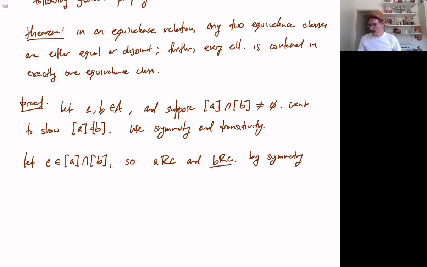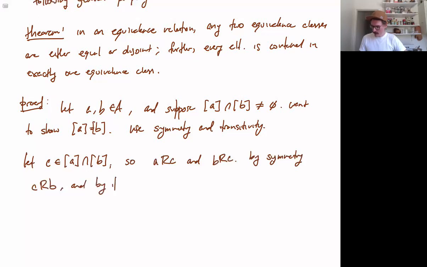By symmetry, we can flip this around, which is to say that C is related to B. Excuse all of my typos. So by symmetry, we can flip this thing around.